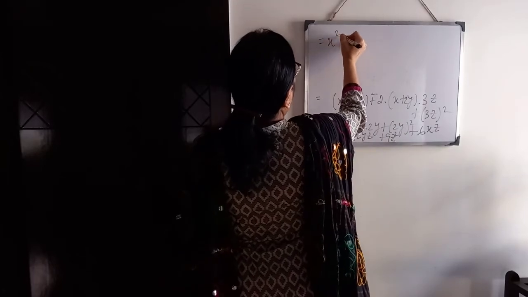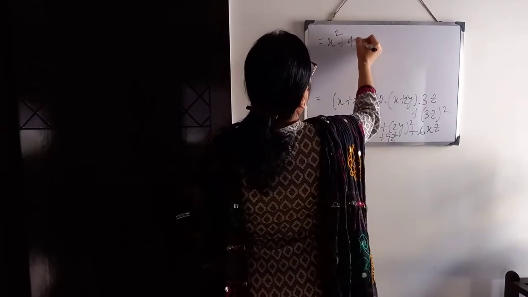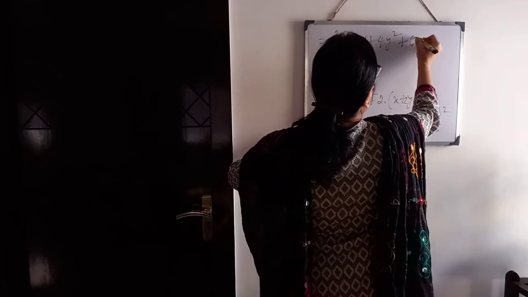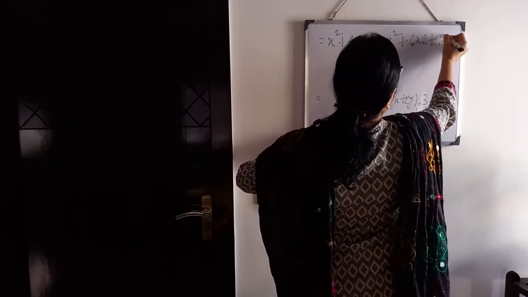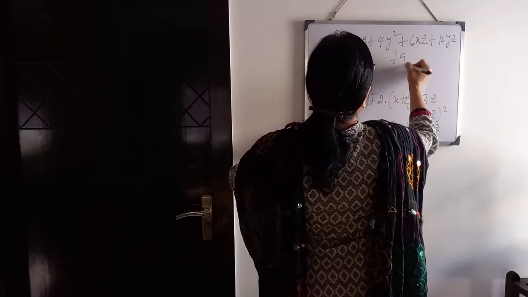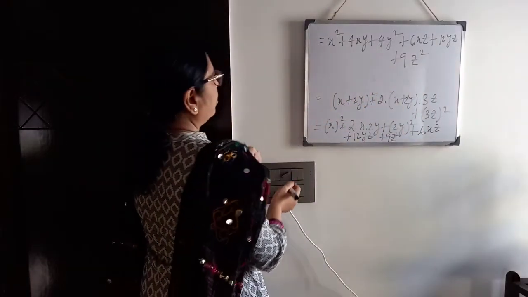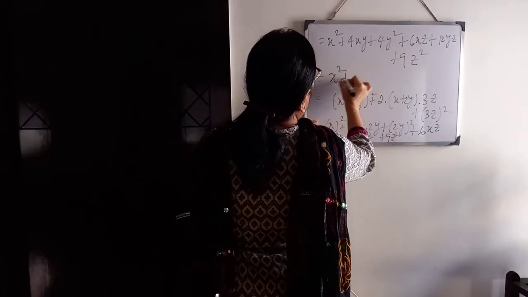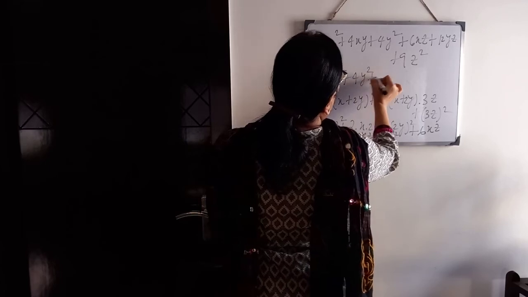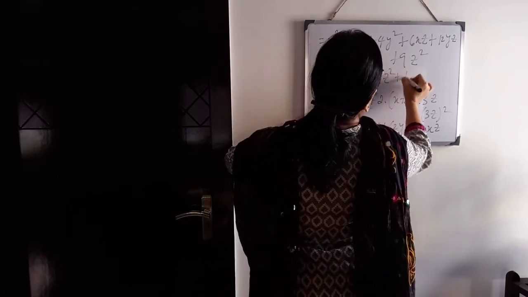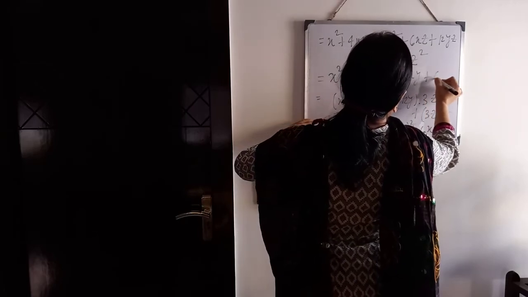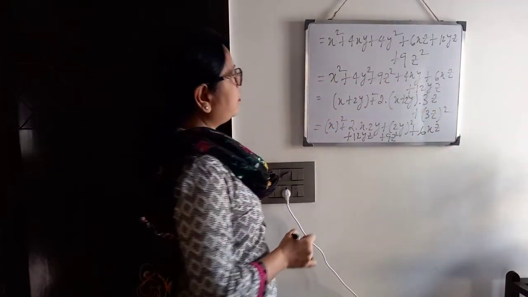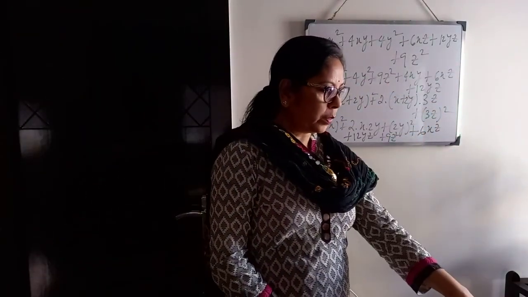This is coming x square plus 4xy plus 4y square plus 6xz plus 12yz plus 9z square. We can arrange this. Here we can end also, or we can arrange it in this form. All the square terms we will write first, then 4xy plus 6xz plus 12yz. This is my final answer. Now next sum in next video.